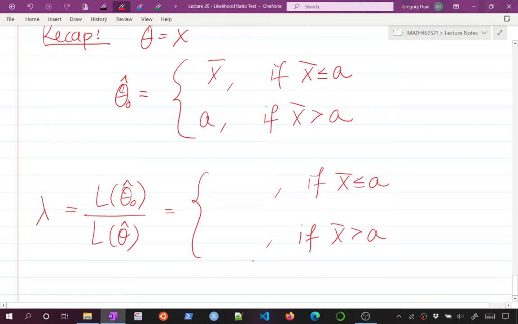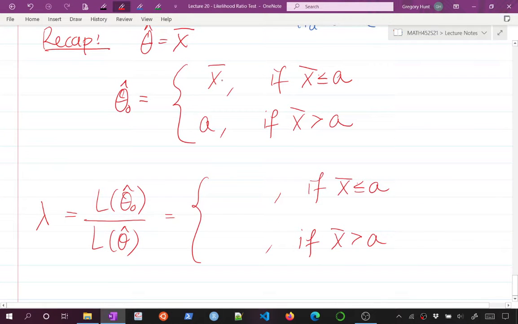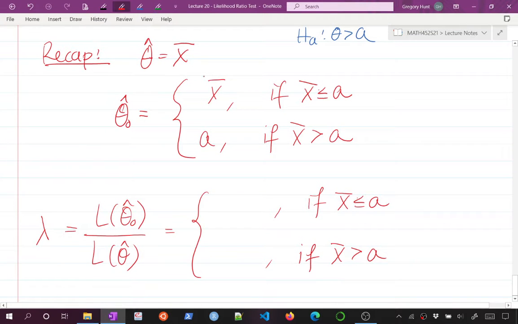And what will it take on? Well, in the first case, this will be L of x bar on top over L of x bar on bottom, which is just 1. So in the case where x bar is less than or equal to A, our LRT test statistic will just take on the value of 1.